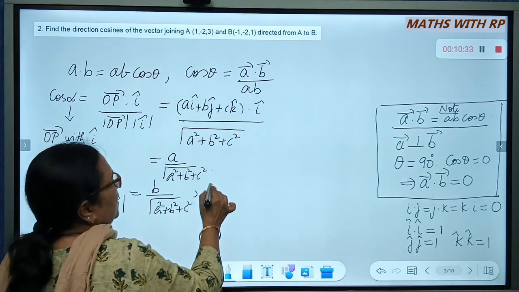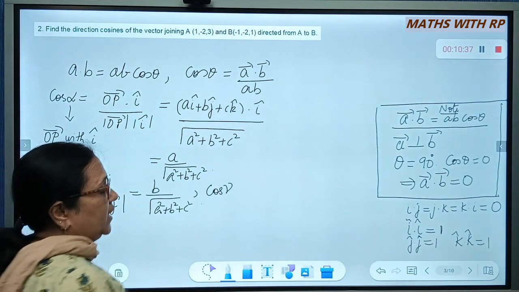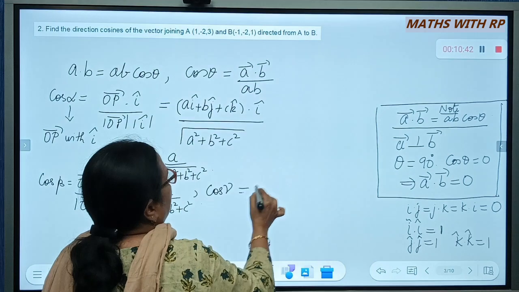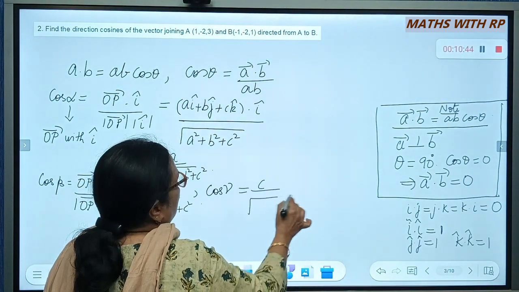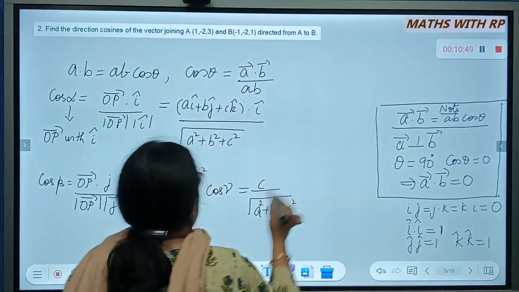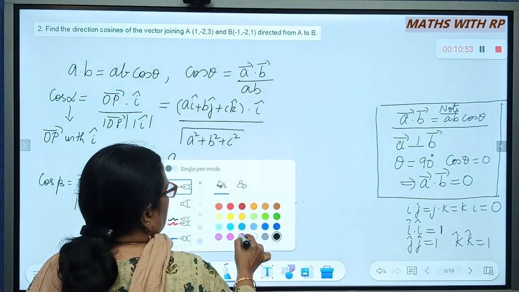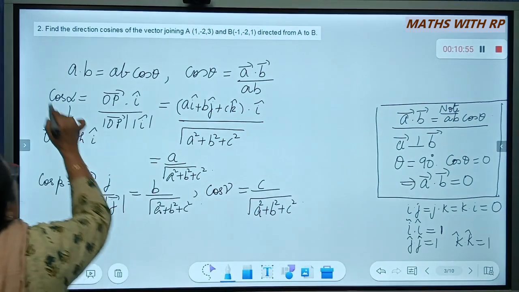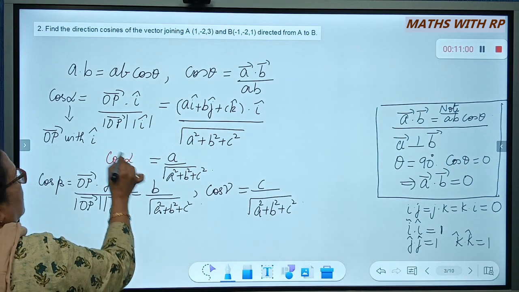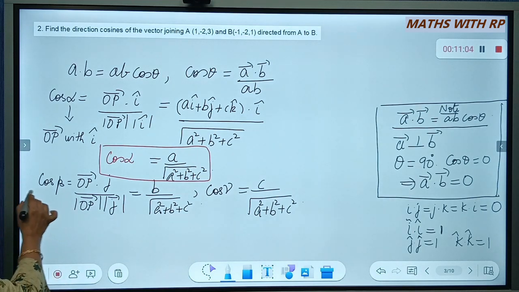Cos gamma, where gamma is the angle made by OP vector with the z direction, or therefore the angle made with k vector, will be c by root of a square plus b square plus c square. So cos alpha is a by root of a square plus b square plus c square.